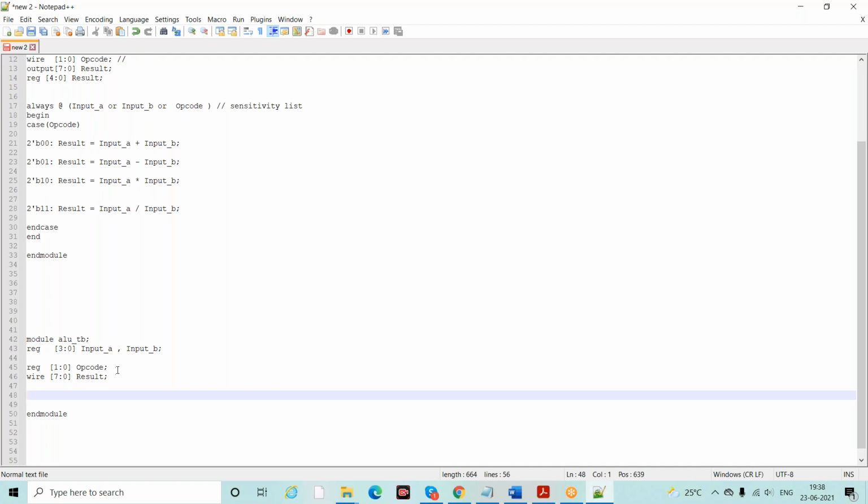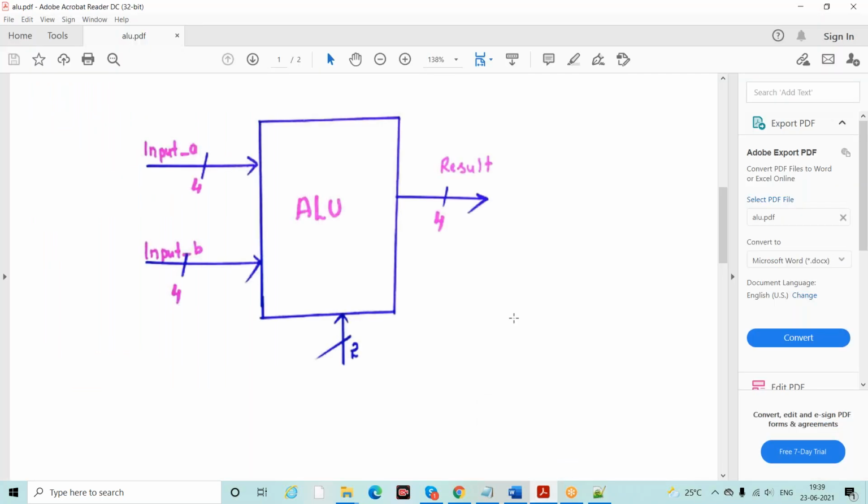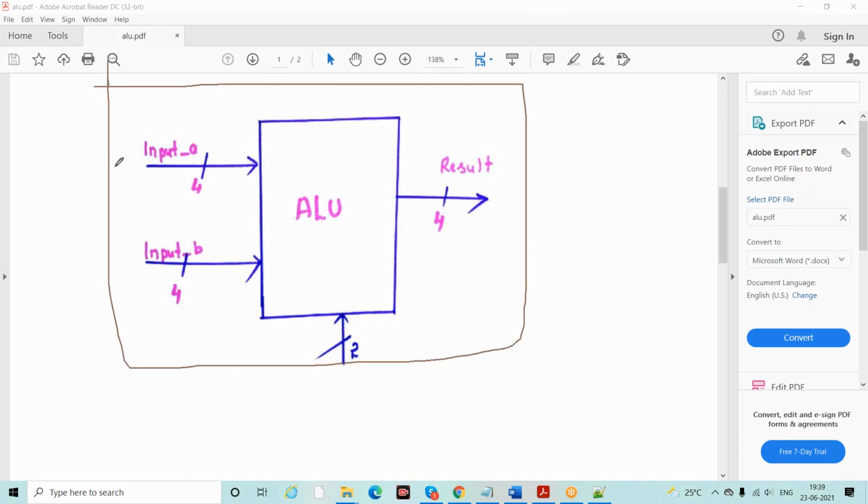You may have a doubt, sir, why is it register, why is the result a wire? See, in the diagram, observe this. We need to hold the data here at a certain time, until the next time interval.